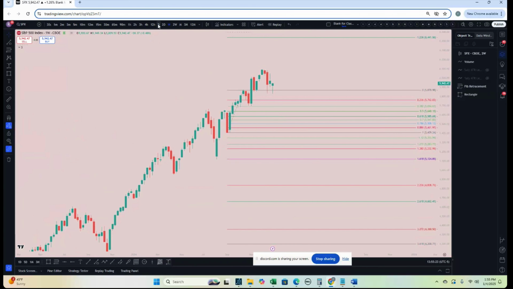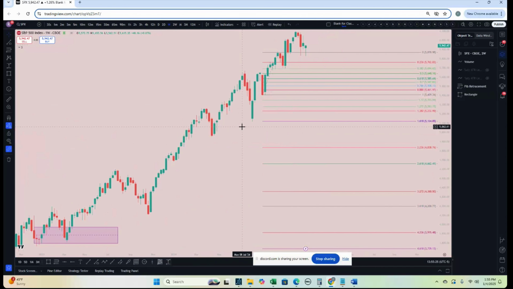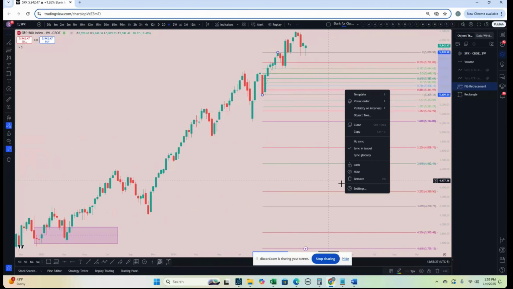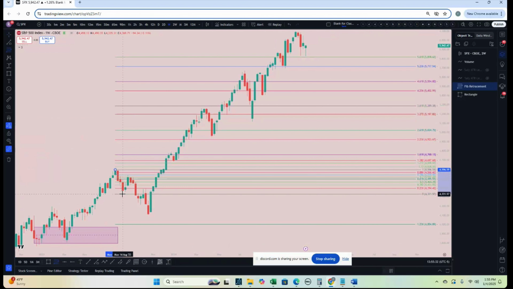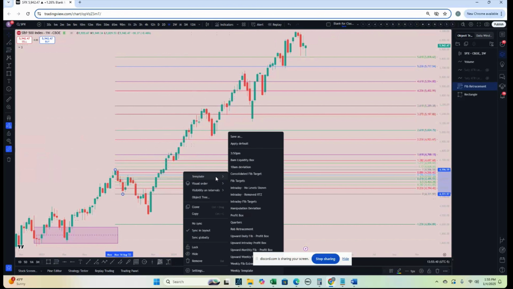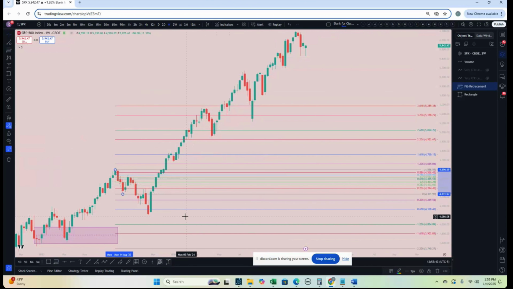So same thing if you are drawing fibs in a downtrend, from swing high to swing low, boom, there you go. And I don't think this is the right one. Here we go.